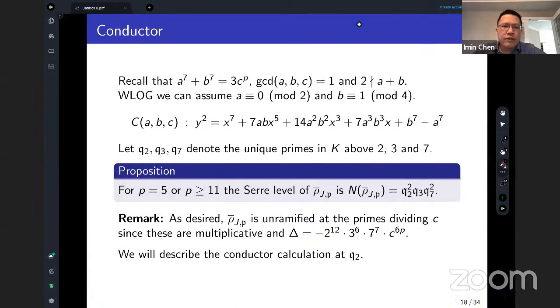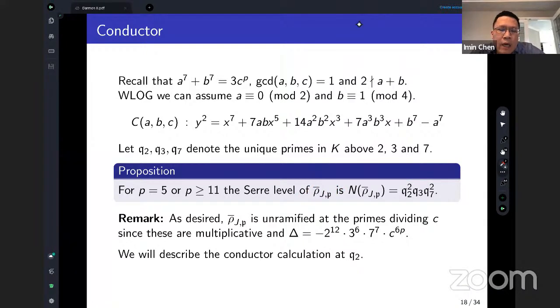Oh, okay. So, conductor. One of the steps in the modular method is to compute Hilbert newforms at the relevant level. And to determine the relevant level, we have to compute the Serre level of the mod p representations attached to your Frey varieties. In this case, that will be rho bar of J, p.